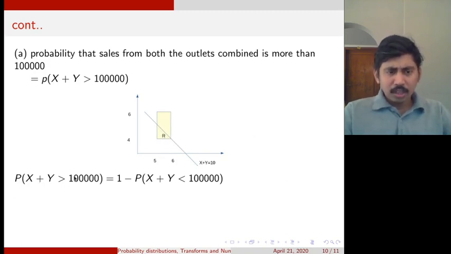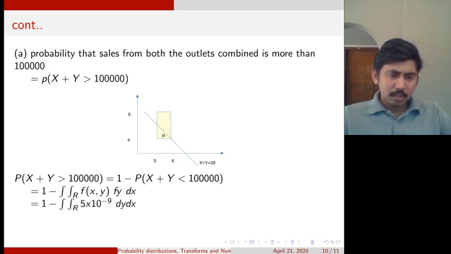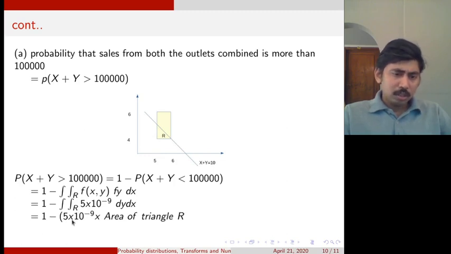So probability of x plus y greater than 1 lakh equals 1 minus probability of x plus y less than 1 lakh, and that is given by this area R. So 1 minus that, we need to integrate f of x y in that area. That is equal to 1 minus the double integral over R. This is the probability density function, which is a constant, so you can take it outside, and the double integral dy dx is the area of this triangle.